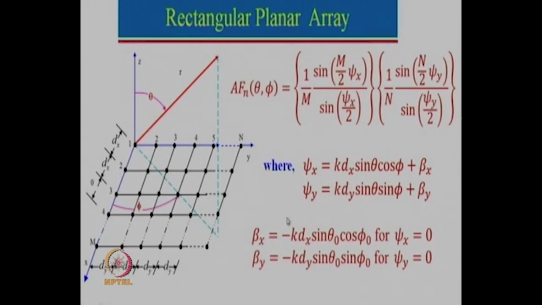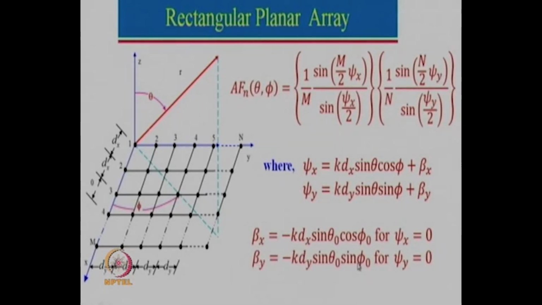So now we can find out in which direction we want the beam maxima to be. Normally we put psi x equal to 0 and psi y equal to 0. If we put psi x equal to 0, we can write beta x as minus of this term over here, and beta y is given by this term.